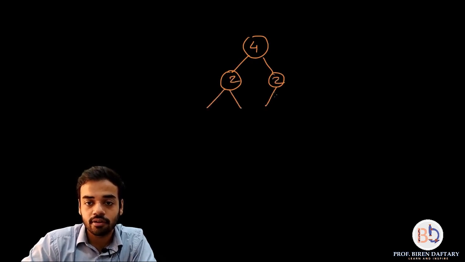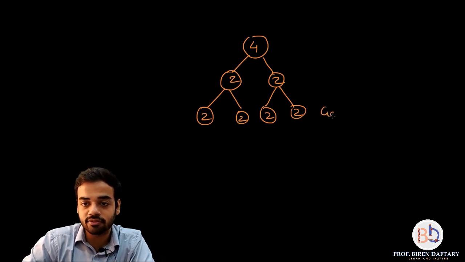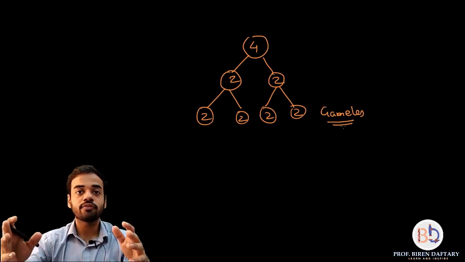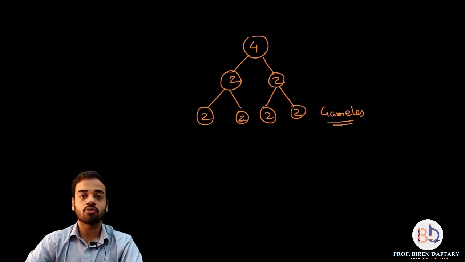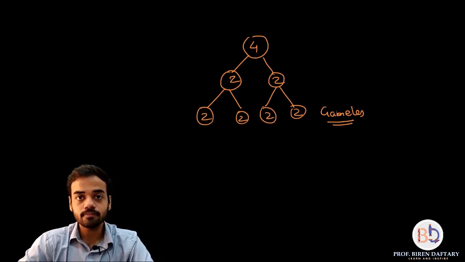Then we saw that a total of 4 cells are formed, each having chromosome number 2. Now the question is, these are your gametes which are formed. Will these gametes undergo further division? No, they won't. Many of you think that these cells will again undergo division. No, they won't. So meiosis stops here.